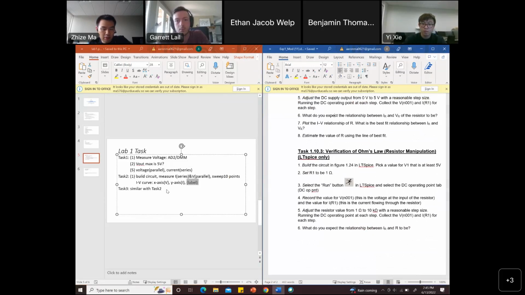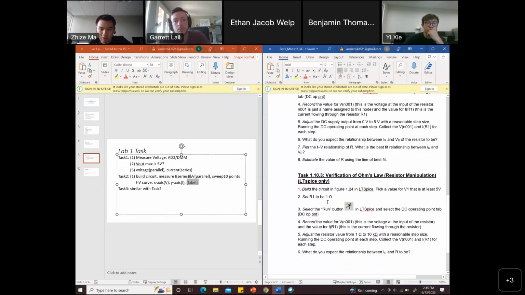Then task number 3 is kind of similar to task 2. They just need to change the sweep. Instead of sweeping voltage, in task number 3 they are going to sweep the resistor value right here.